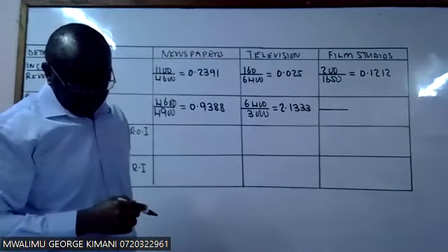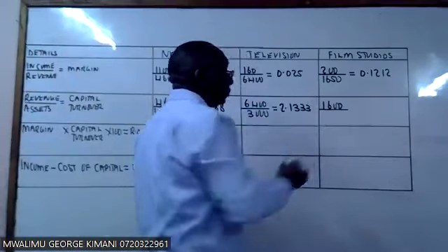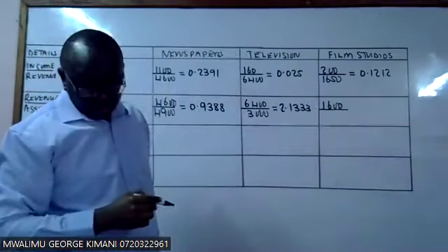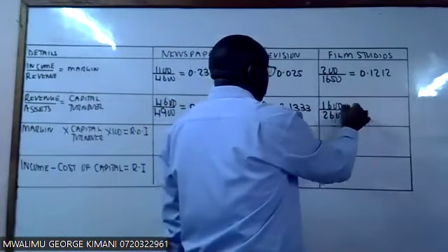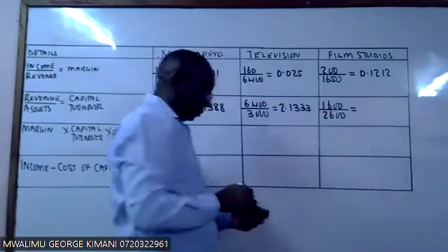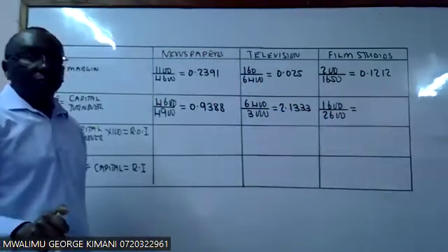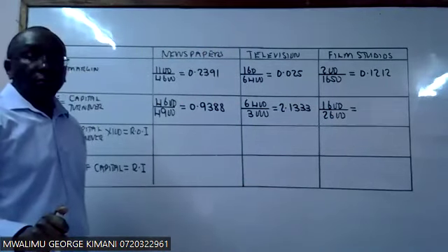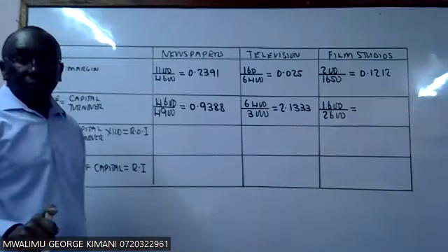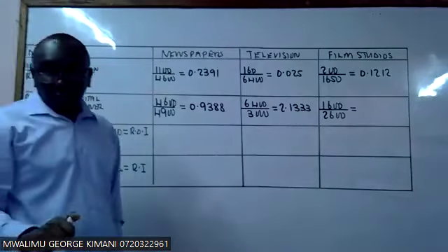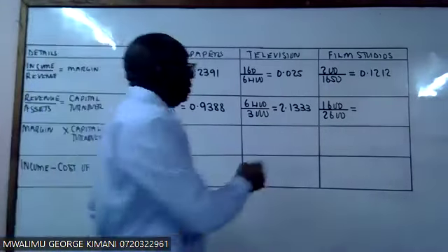And the other one is 1,600 and the assets of 2,600. 0.6154.